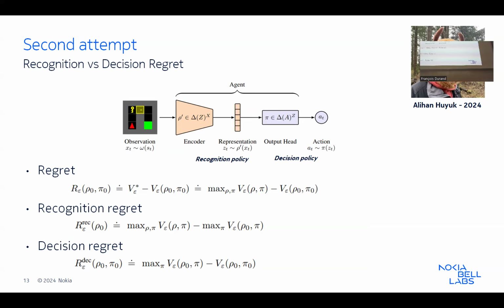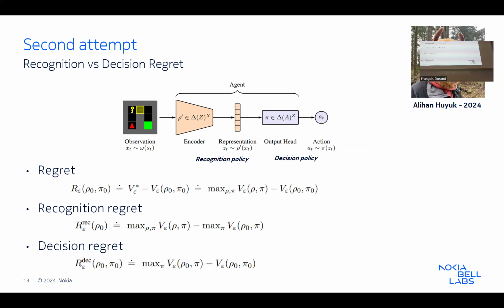So the regret here is just the difference between the maximum reward that we can get and the reward that our algorithm gets. So if we have an algorithm that uses policy rho 0 and pi 0, then the regret is essentially the difference between the maximum reward that we can get and the reward we get from our algorithm. So the first thing we want to do is split this up into the recognition regret and the decision regret.